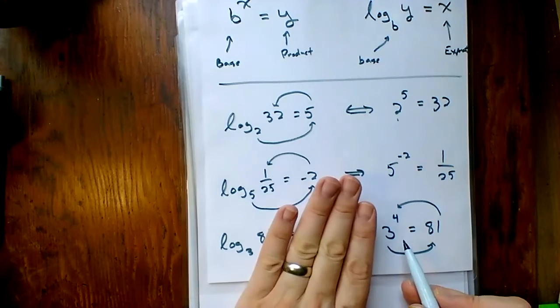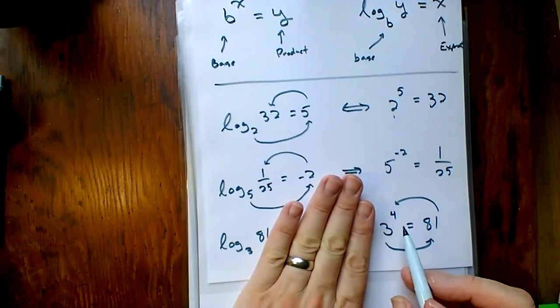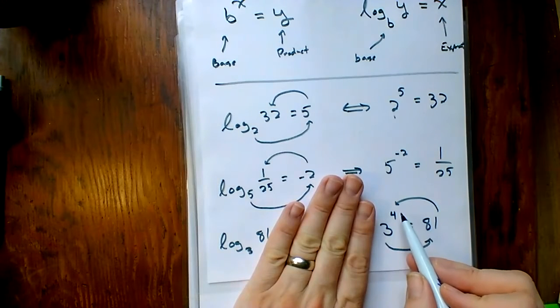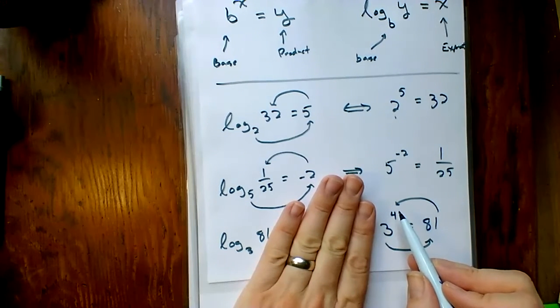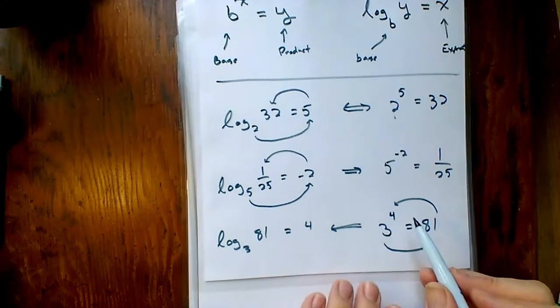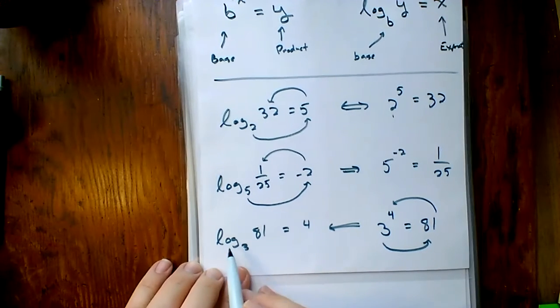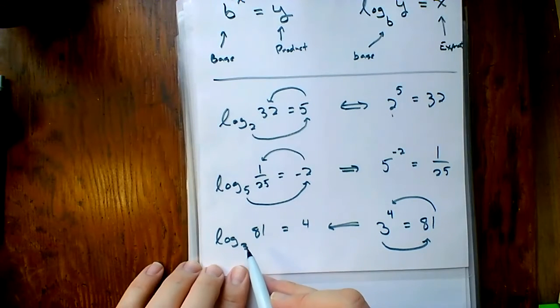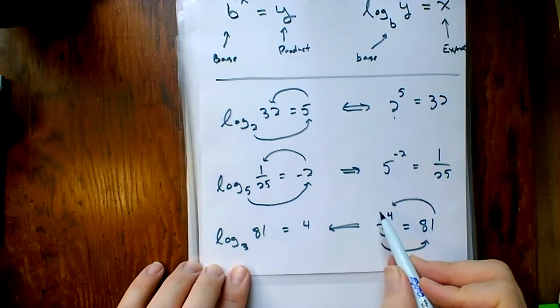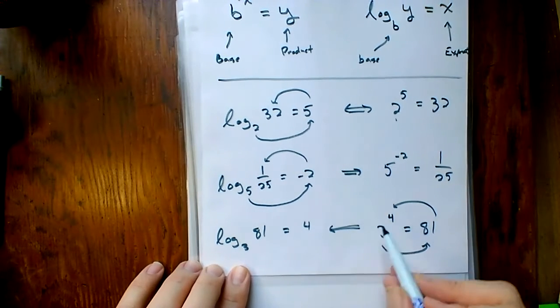Because if I'm starting with my exponential form, my answer is the product, and then I'll move to the exponent. Because in a logarithmic form, I'm taking the log base of the product and the answer is that exponent. I always want to end back where we started.